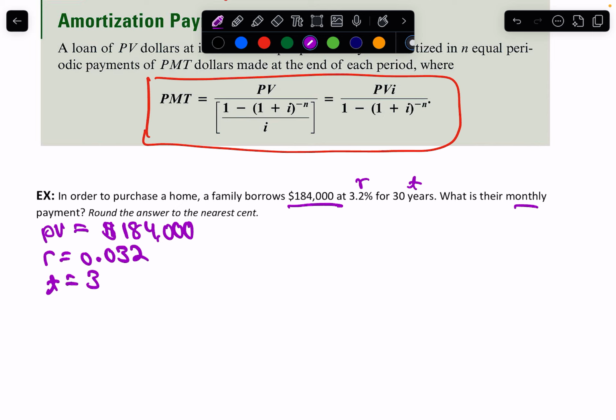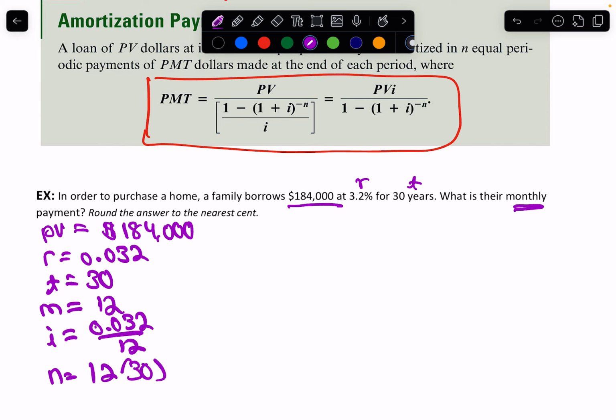Time is 30. So how many payments are there? It's monthly, so there's going to be 12 in a year. And our I is the rate, 0.032 divided by 12. And our N is M, 12 times the time, which is 30 years, and that is 360.